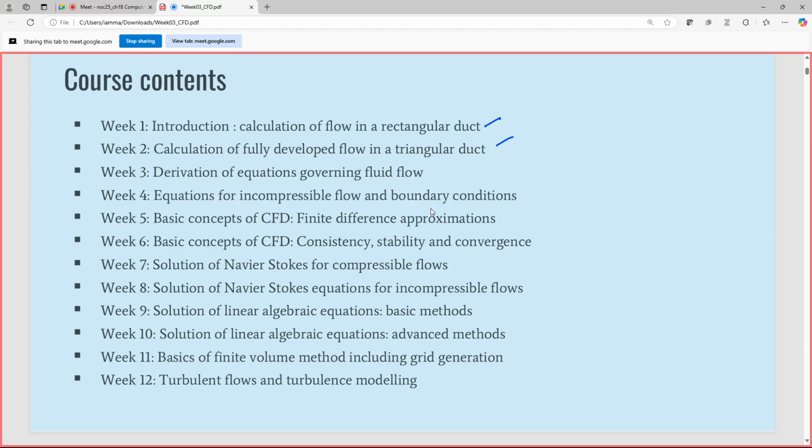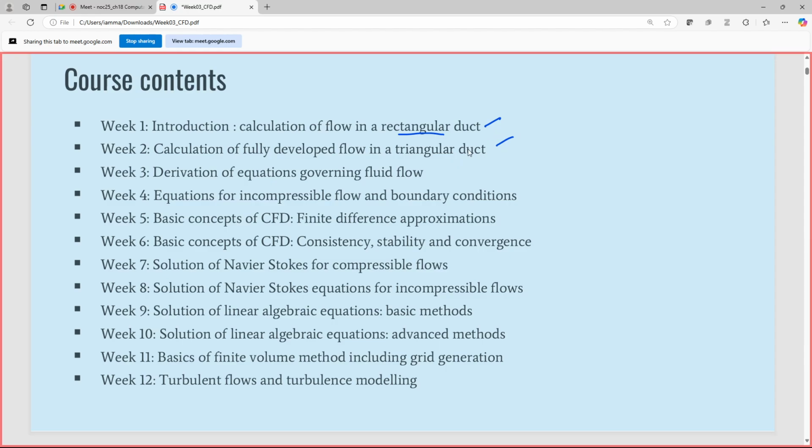In the first week, we saw calculation of flow properties over a rectangular duct, which is simple because the rectangular duct itself is defined with Cartesian or rectangular coordinates. This was an implementation of the CFD methodology, explained in week one to give you a broad overview of our subject, computational fluid dynamics.